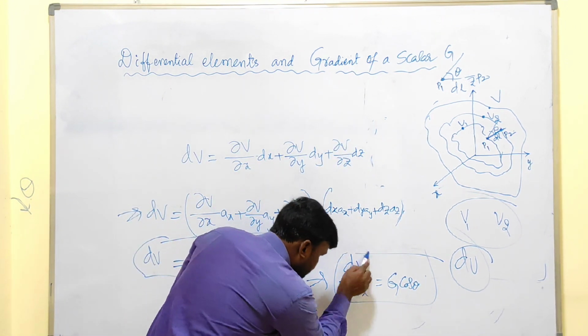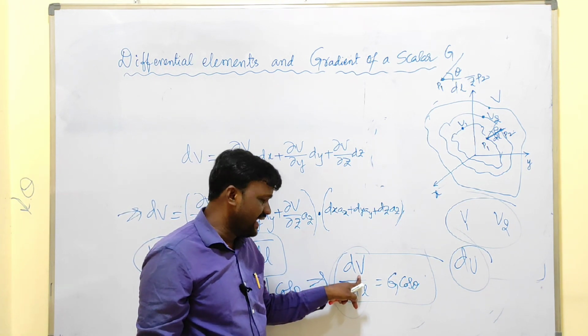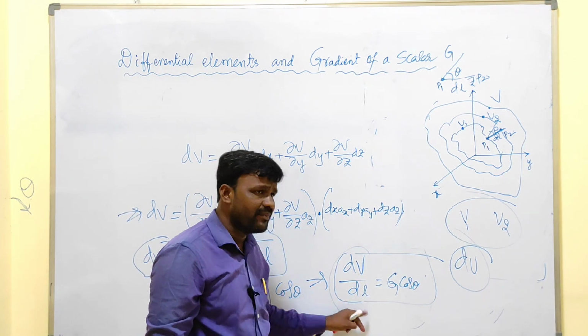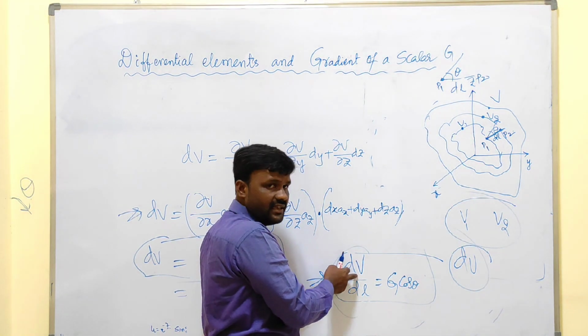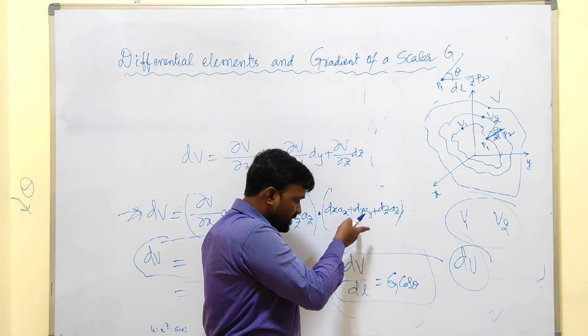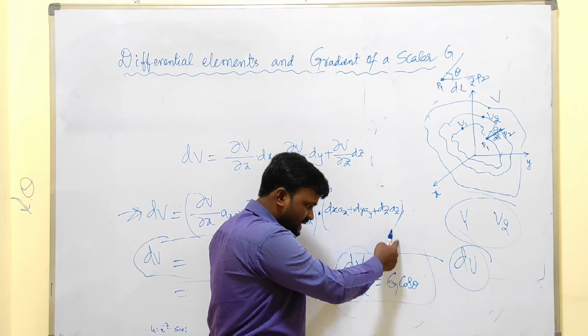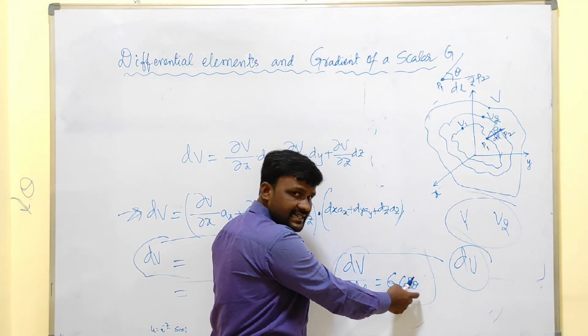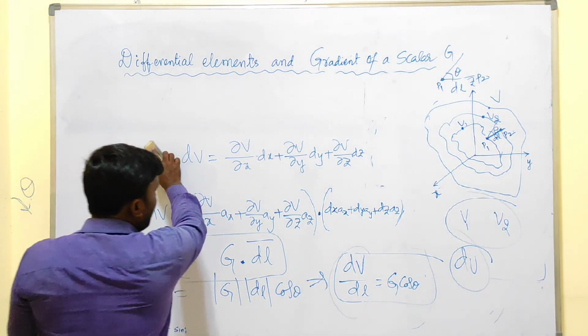Basically, the value of this dV by dl means the change in V with respect to l, that is the space rate of change of V, or the rate of change of this scalar function. It depends on the magnitude of this G as well as direction. Theta means direction.